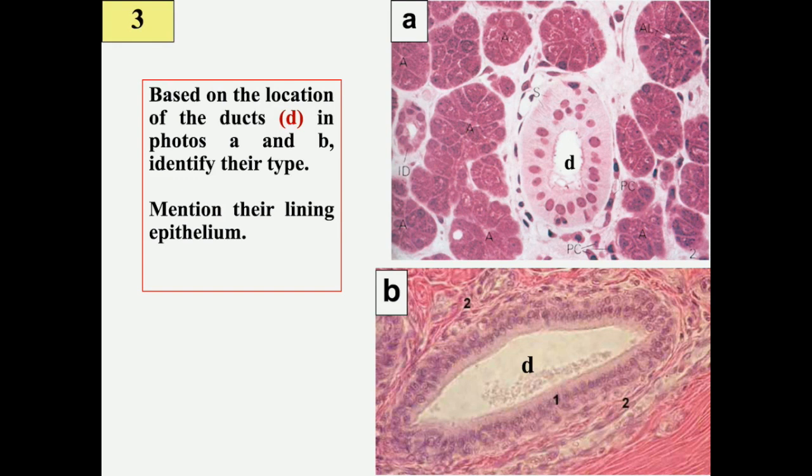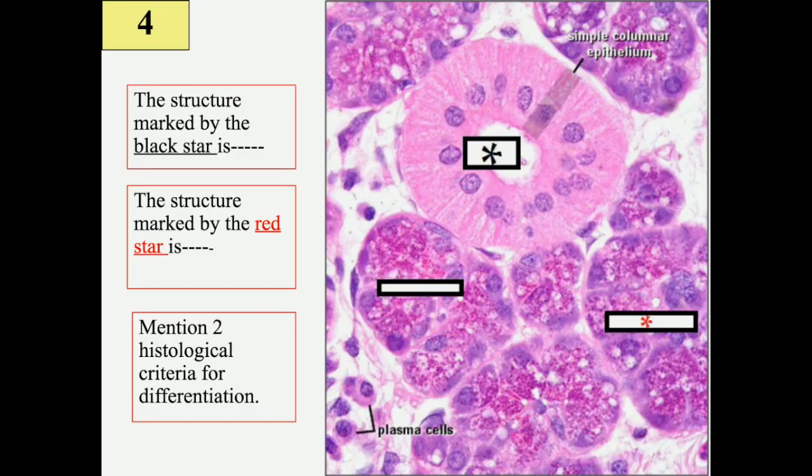As regards photo B, this duct is present in the connective tissue septa and it is lined by pseudostratified columnar, so it is the interlobar duct. The structure marked by the black star is the striated or intralobular duct.